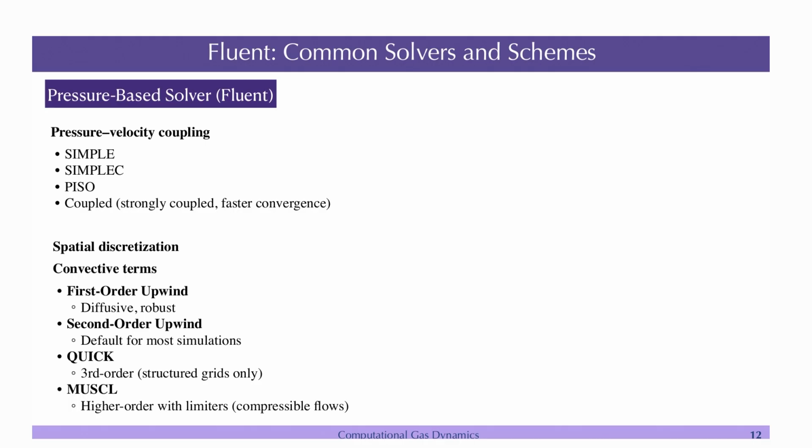Let us say if you are using Fluent. The common solvers, if you are using the pressure based solver, then you have SIMPLE, SIMPLEC, PISO, and coupled, which are mostly used if the flow has a high Mach number. High Mach number means let us say Mach 0.7, 0.8, sometimes in the supersonic also. And then these are for upwinding, first order, second order, QUICK and MUSCL. This we have discussed, how you increase the accuracy of the spatial discretization.